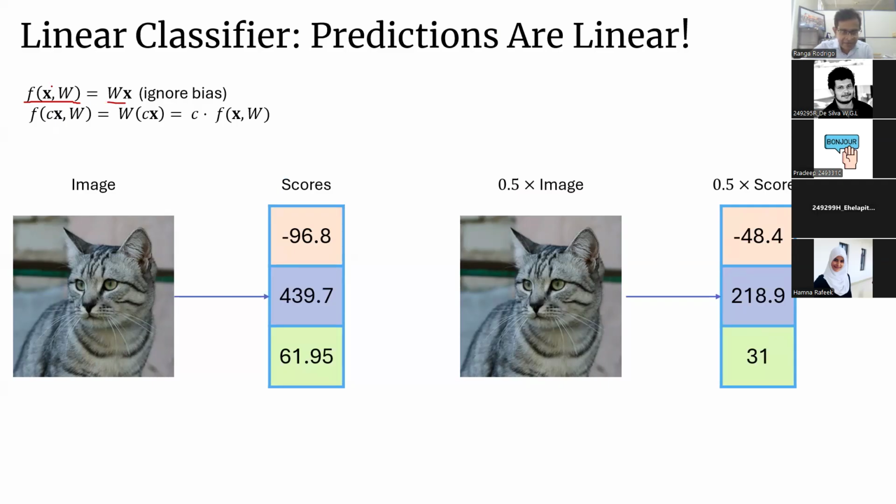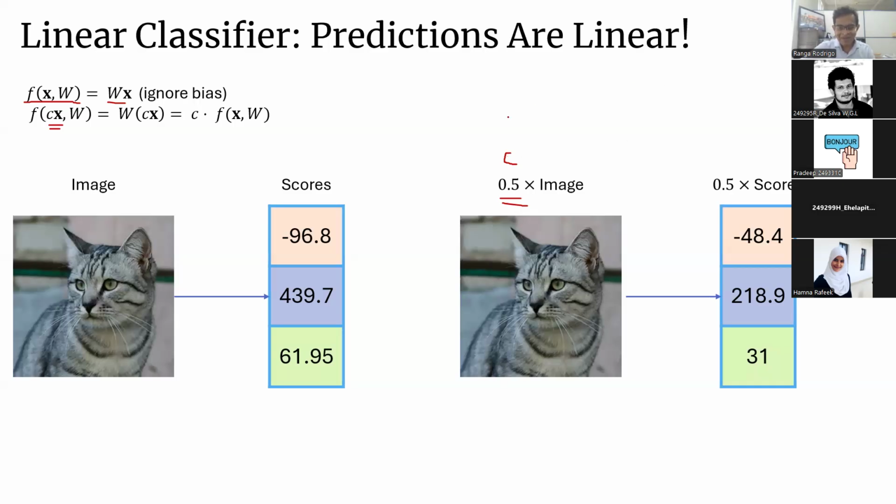Now instead of x, let's put cx. That means let's multiply the image by, for example, 0.5. So in this case, c is 0.5, and we put cx. Now what will happen?